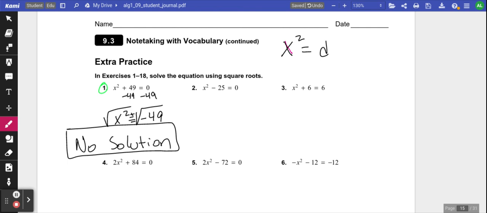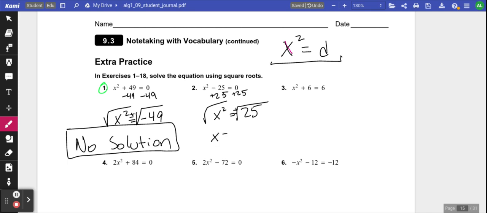Okay, so let's see one that does work out. I've got x squared minus 25. I'm going to add 25 to each side. So I get x squared equal to 25. It's in the format that I want, x squared equal to a value. So then I can go ahead and square root. I always want that plus or minus in front when I'm doing that step.